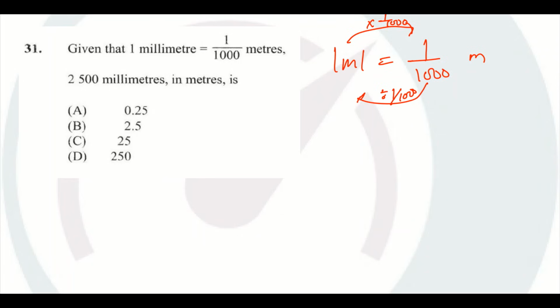Now, if we're going from 2,500 mm to meters, we're going to multiply by 1 over 1,000. That's going to give us 2.5 meters. So our answer is going to be B.